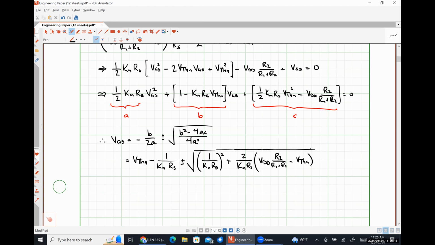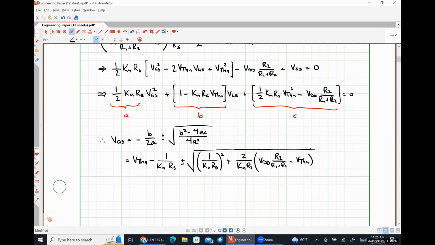Now, technically, we're getting two solutions here, right? Because we have this plus or minus sign. But as it turns out, this bit right here minus this bit right here is always a negative number.